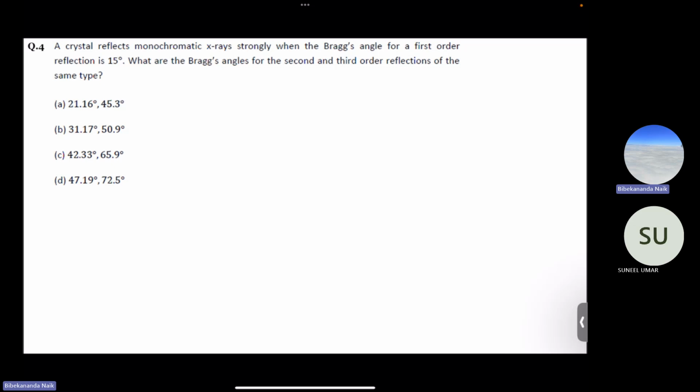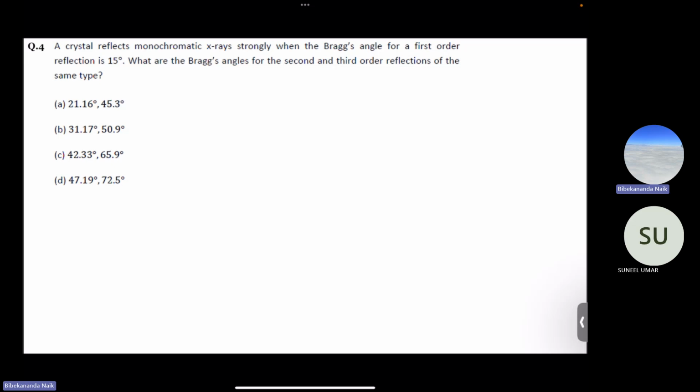The question says a crystal reflects monochromatic X-rays strongly when the Bragg's angle for a first order reflection is 15 degrees. What are the Bragg's angles for the second and third order reflections of the same type?